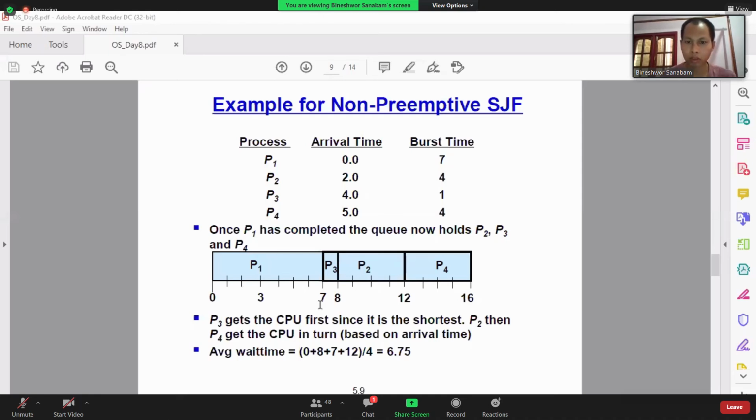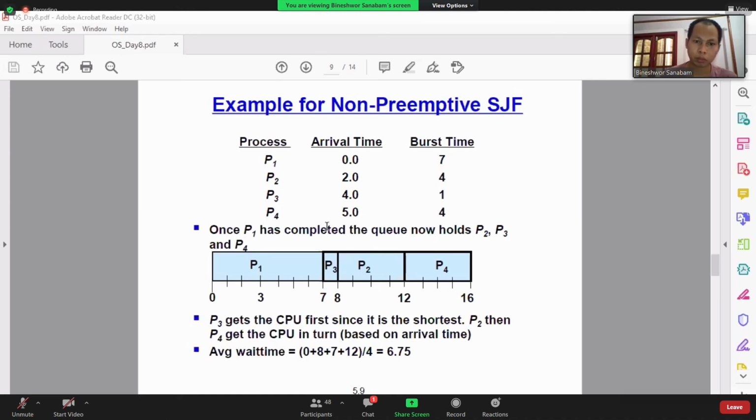The next shortest among these 3 is P3, right? P3 has the burst time of 1, so P3 will be given the CPU. From 7 to 8, your CPU will be used by P3. Once it's completed, we look for the remaining shortest burst time.